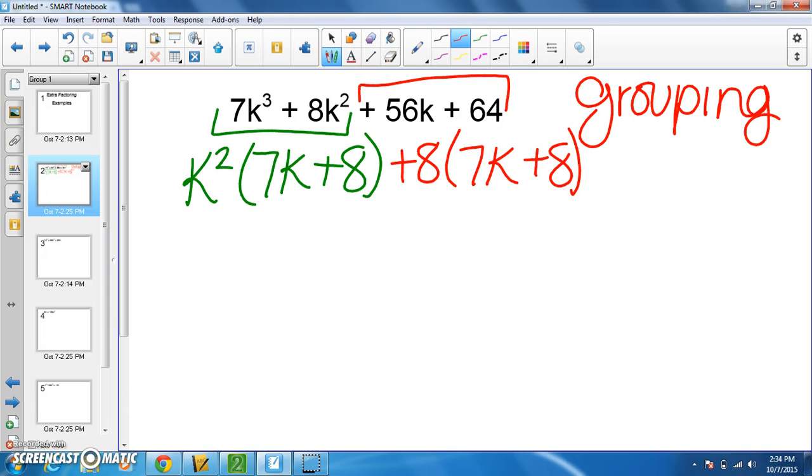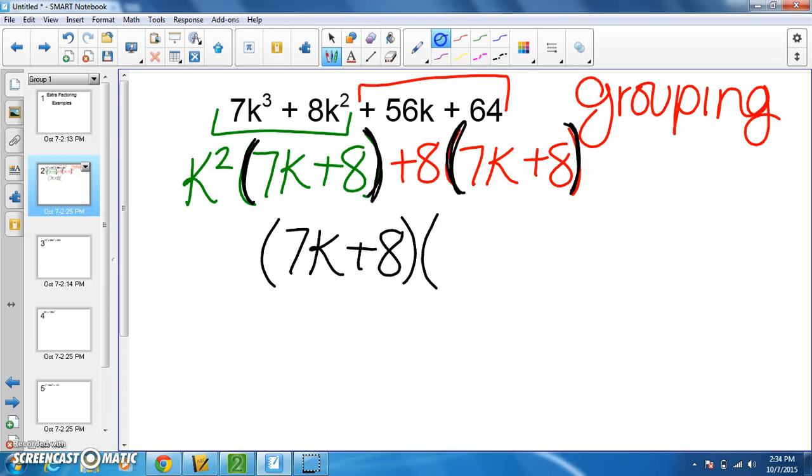The key in grouping is to check if inside my parentheses is the same. I have 7k plus 8 in both of my parentheses, so I can make that one of my factors.